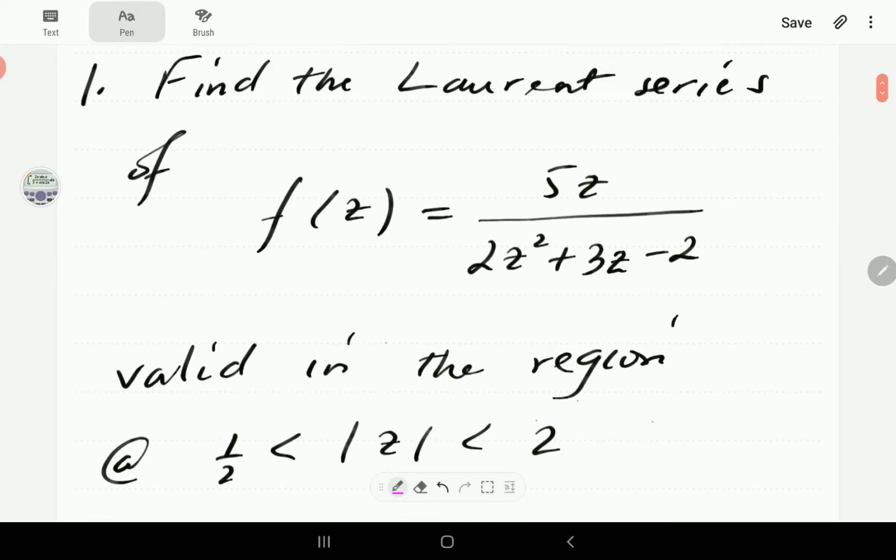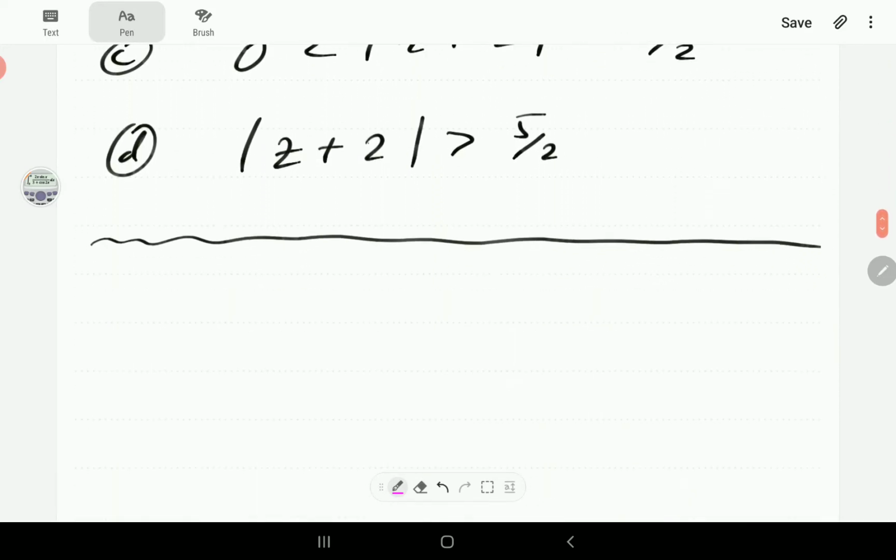In the previous video, which is our part 2, we saw how to find Laurent series for functions with one singularity. So the denominator there was linear. Okay, so let's get on with this one.